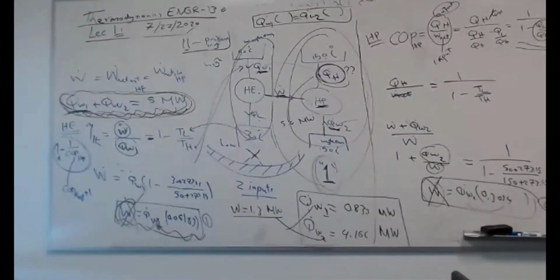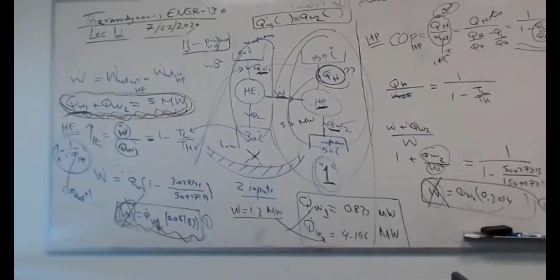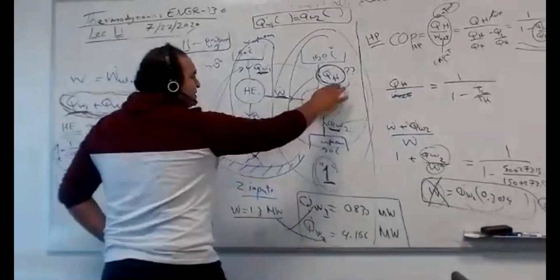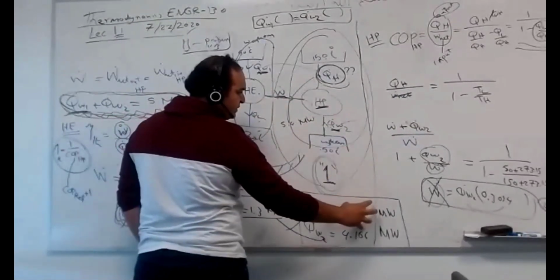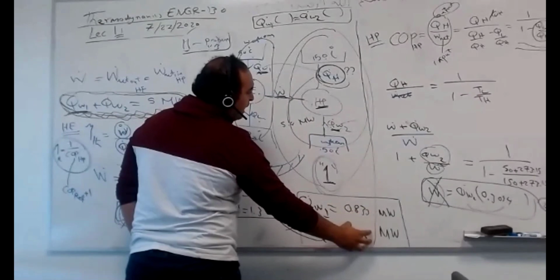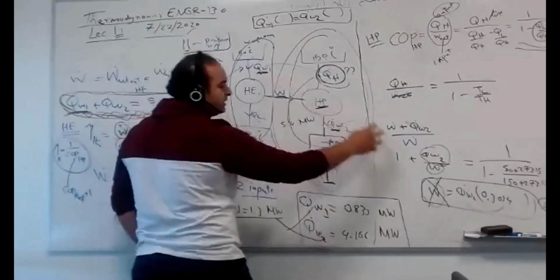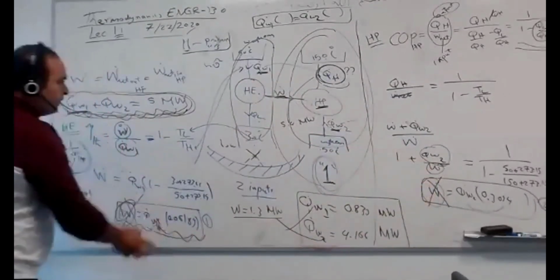The final equation of Q high is Q high equals W dot plus Q low. Here, for example, Q high, this one, always equals this plus this. I have this, which is Q_W2. I want to get this guy. Yes, I can get it from this equation or that equation.